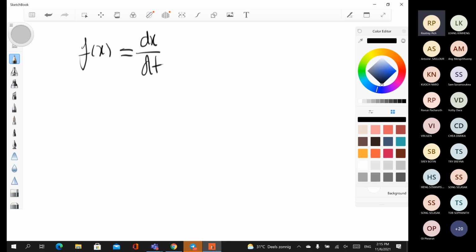So, okay, let me sum up again. First thing, you just only know about definitions. What are equilibrium solutions?